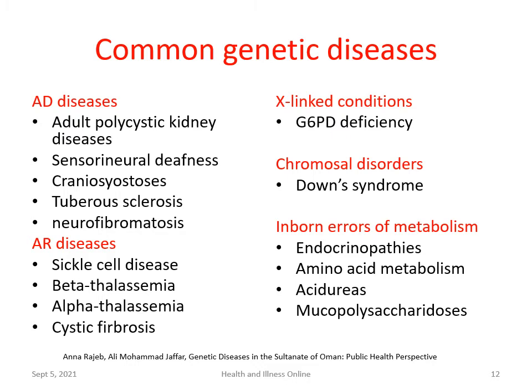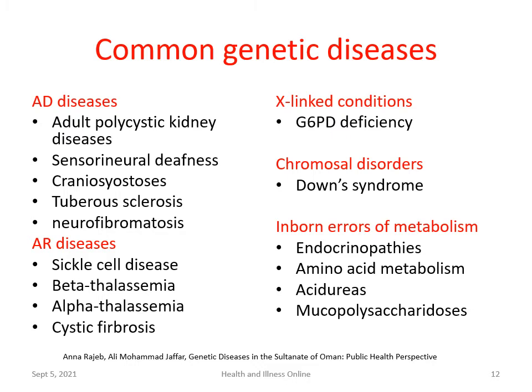I think at this stage you probably want to know at least 2 or 3 diseases a little bit: adult polycystic kidney disease, the different types of deafness that occur, and tuberous sclerosis. If you know those 3, this is because some of you have asked these questions since I did the lecture this morning. So keep those 3 diseases in mind.